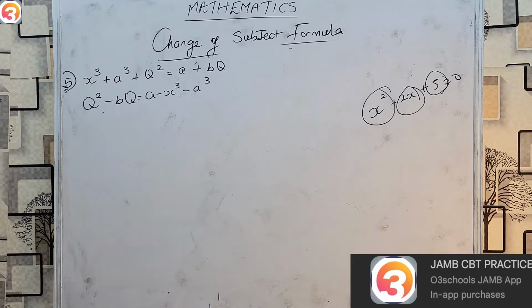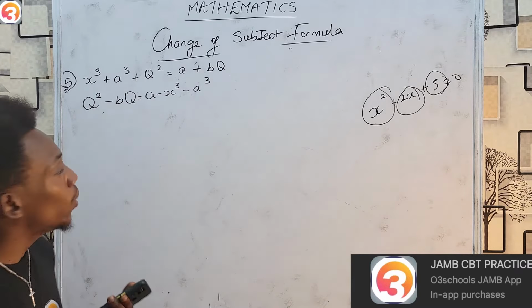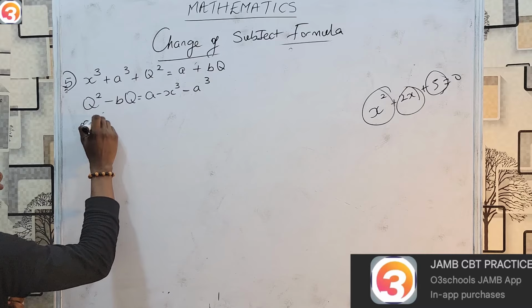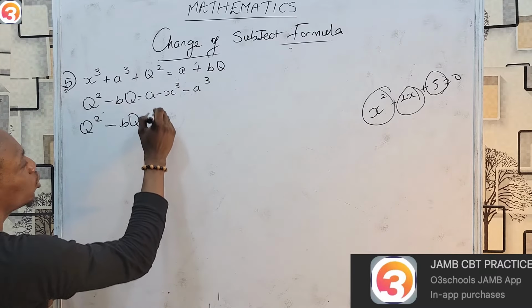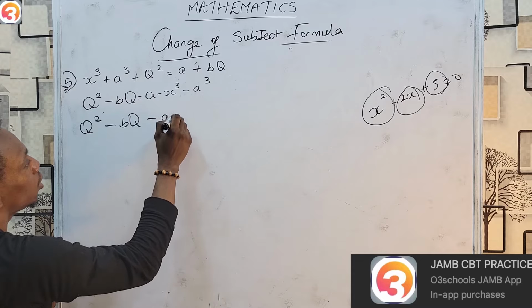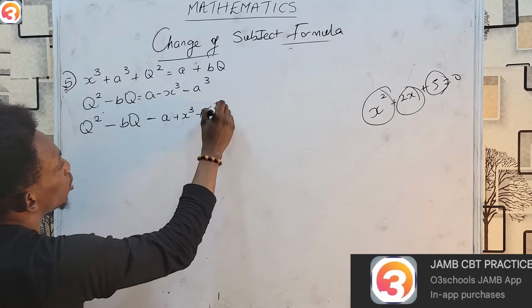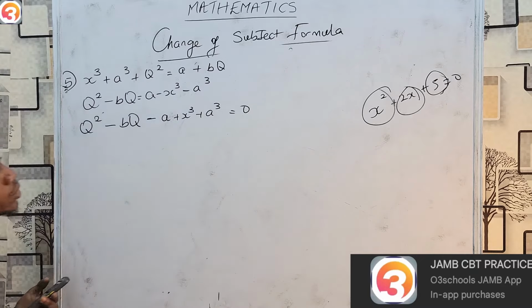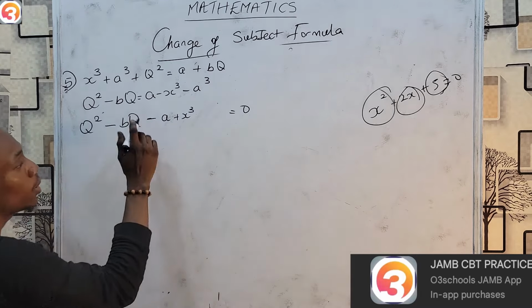And if there's a quadratic equation, all I have to do is arrange this to look more like one. So I'll be having q squared minus bq minus a plus x cubed plus a cube equals 0. Or if you prefer, like I do, I'll much rather have positive number coming first here.